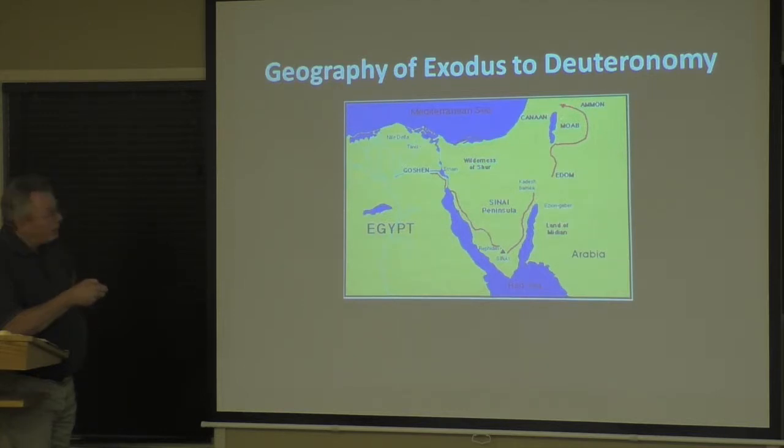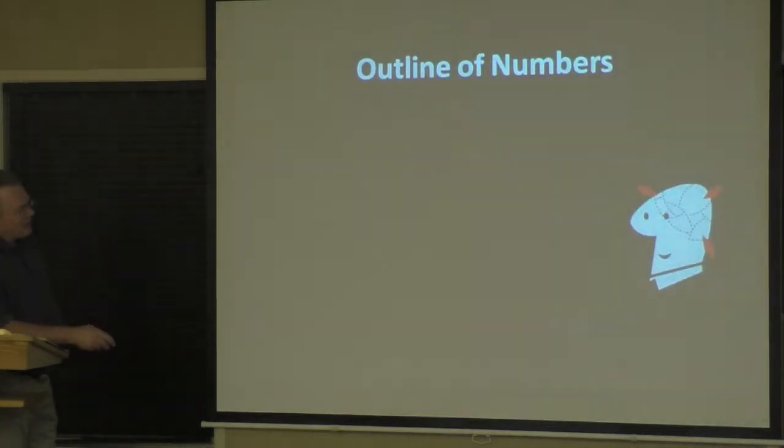Okay? But understand, this length of trip should not take 40 years, maybe 40 days. But not 40 years, okay? And so Numbers records for us why that has been a problem.